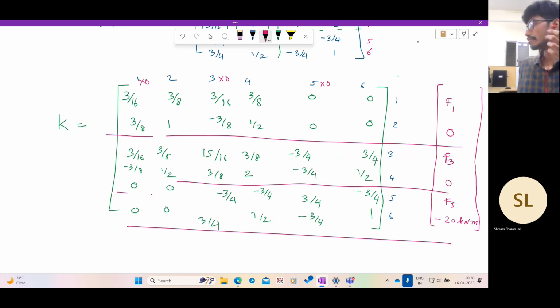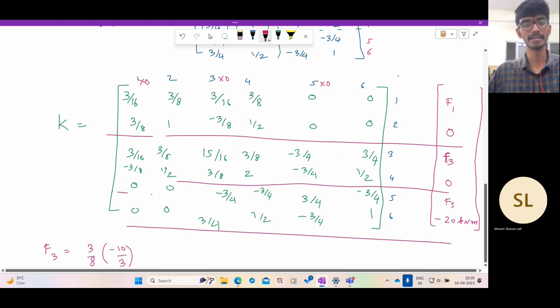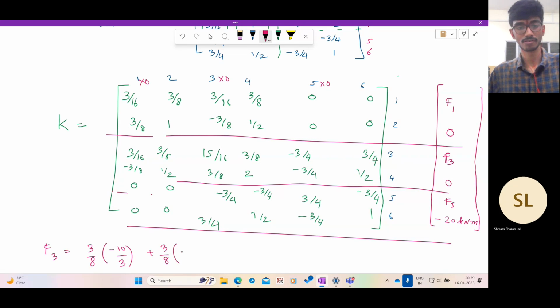So F3 is equal to 3 by 8 into U2, plus 3 by 8 into U4, EI gets cancelled, 3 by 8 into 20, plus U6, which is minus 70 by 3.